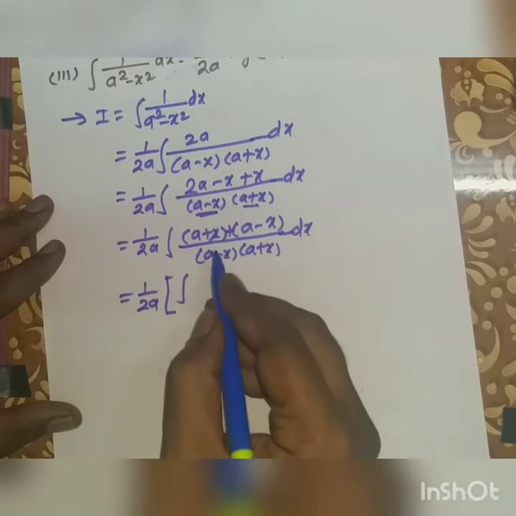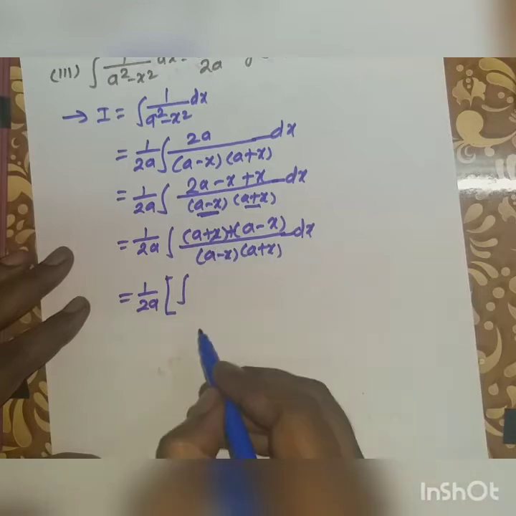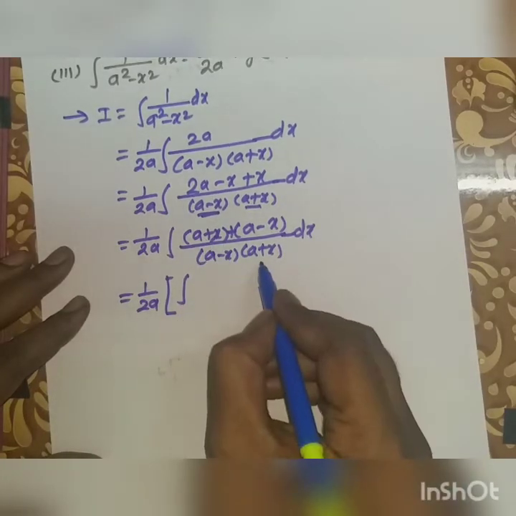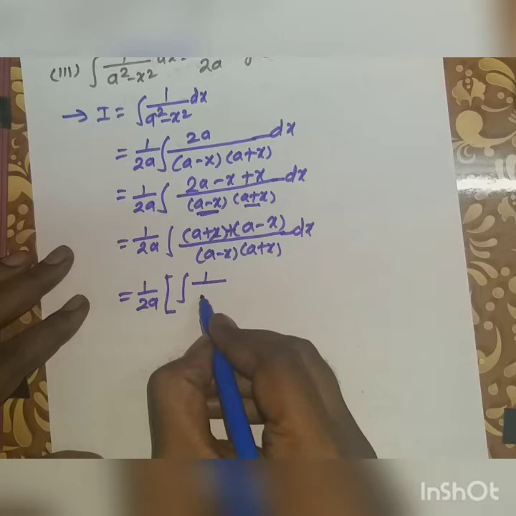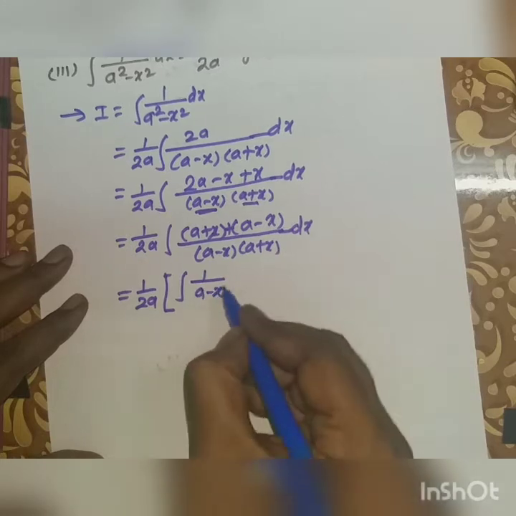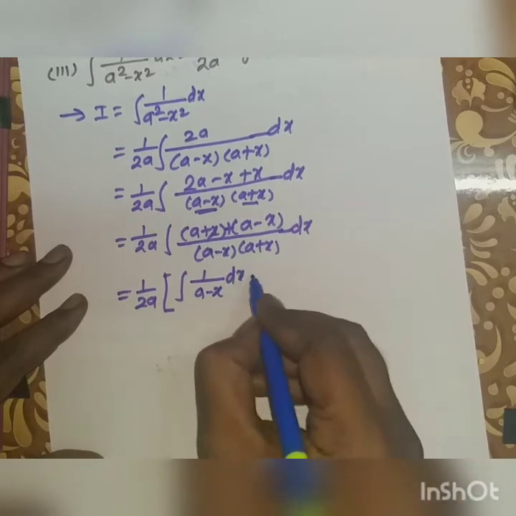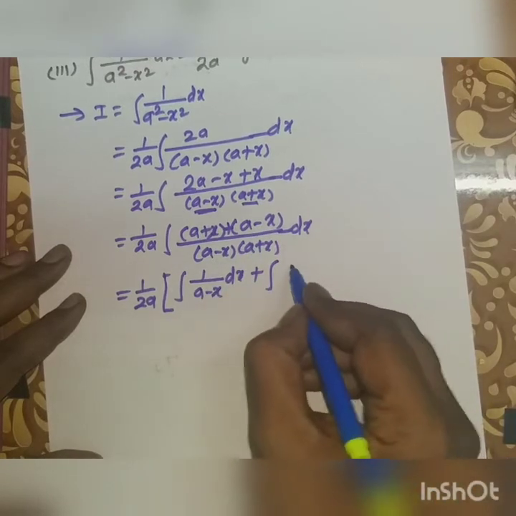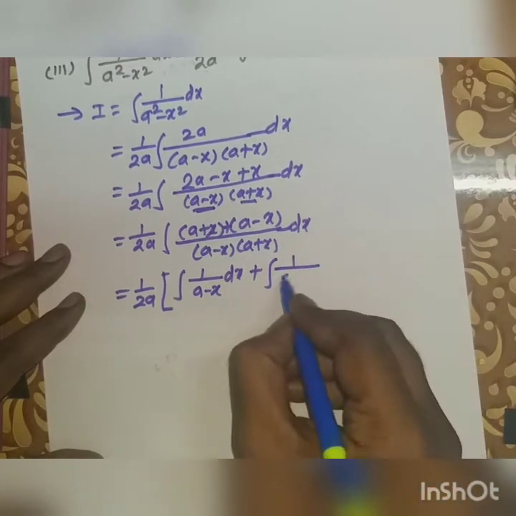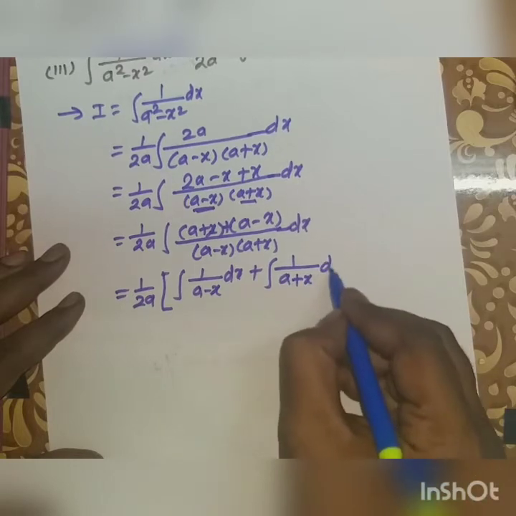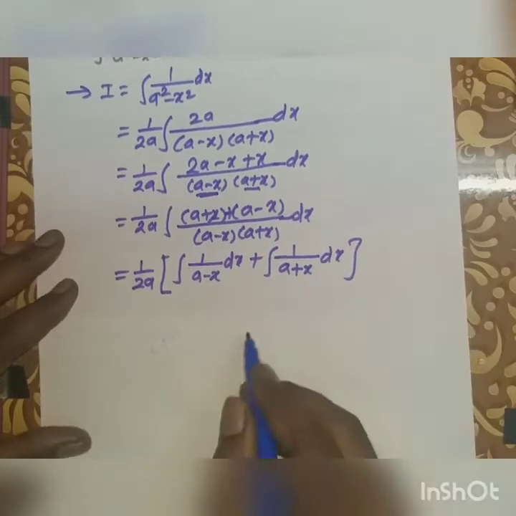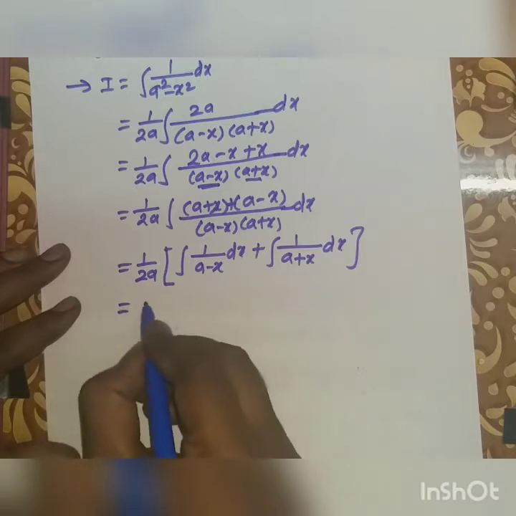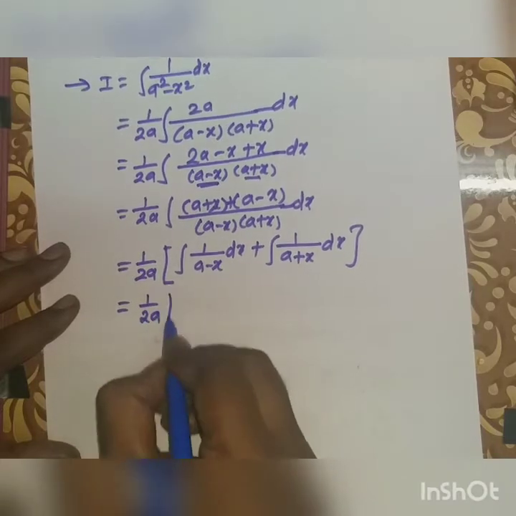Again we take separate integration as well as take the quotient. A plus x cancels, 1 divided by a minus x dx, plus integration of a minus x cancels, 1 divided by a plus x dx, square bracket complete, is equal to 1 divided by twice a.